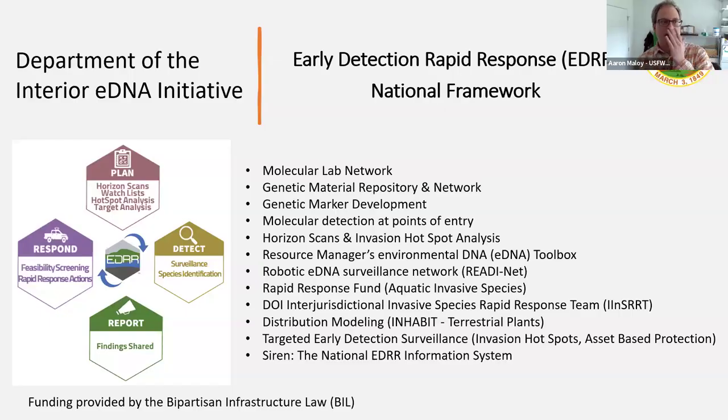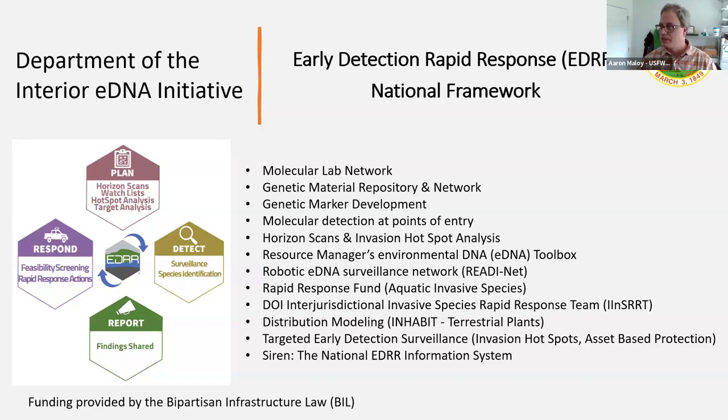The last thing I just want to mention is the Department of Interior Initiative, the National Framework for Early Detection and Rapid Response for Aquatic Invasive Species. So there's a lot of different components of this that support AIS work around the country. I just want to highlight a couple of the things that are eDNA based, and the primary one is the Molecular Lab Network. So that'll be 3 U.S. Fish and Wildlife Service labs that'll be set up to handle increased processing of eDNA samples.